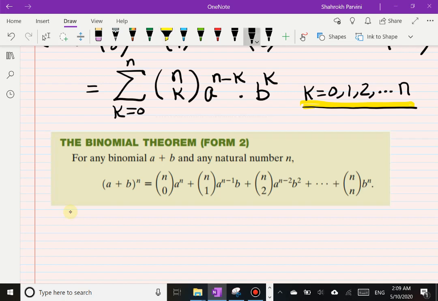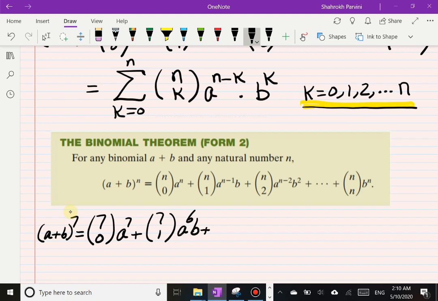and I was going to write a plus b to the 7th in this form. So a plus b to the 7th becomes 7 choose 0, a to the 7th, plus, isn't this cool? 7 choose 1. Those are the coefficients now. a to the 6th b. Next coefficient, 7 choose 2, a to the 5th b squared.